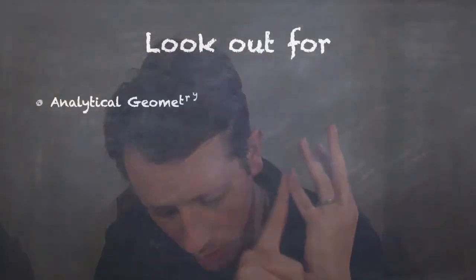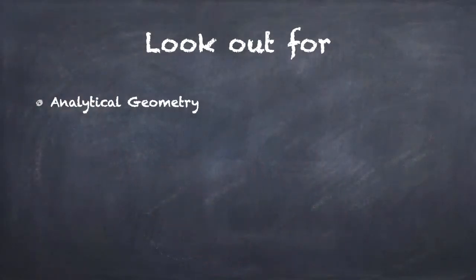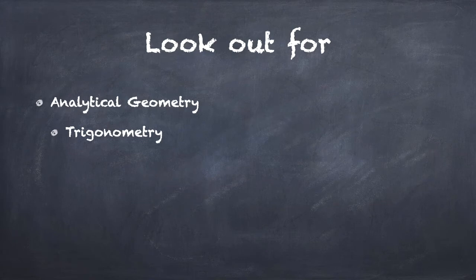When I'm talking about analytical geometry, please look out for trigonometry, in other words, trig inside analytical geometry. So if you've got a triangle, why can't I use trig? If there's a 90-degree triangle, I can look for SOHCAHTOA. Sine is opposite over hypotenuse.